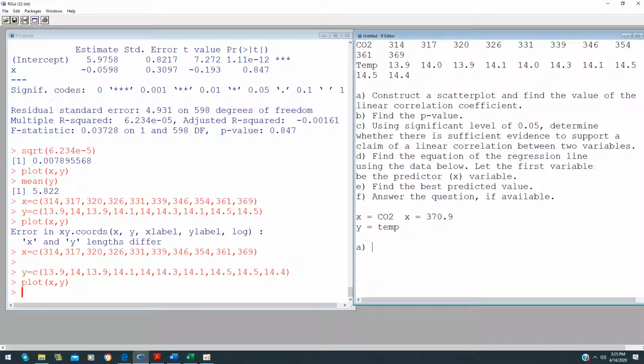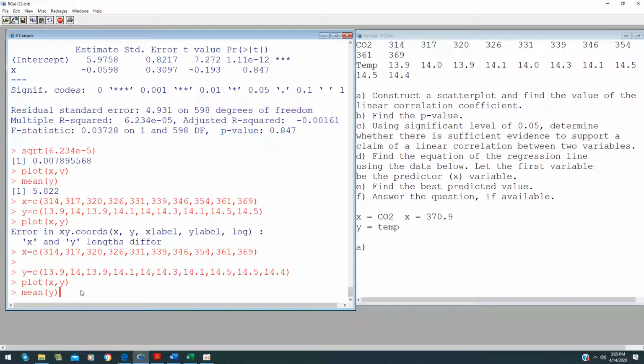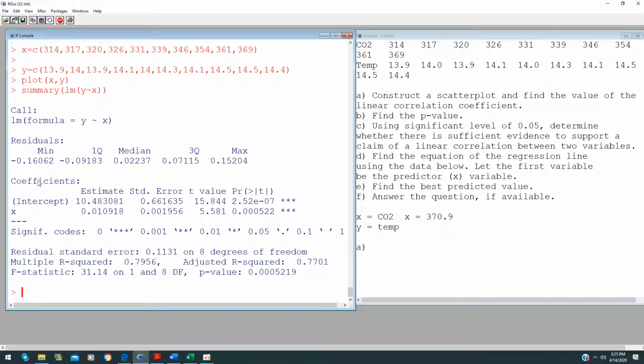Okay. So in this case, you need to find what we call your correlation coefficient. So you do summary(lm(y ~ x)). There you go, summary(lm(y ~ x)). This is the one that we have. So this is the result you get.